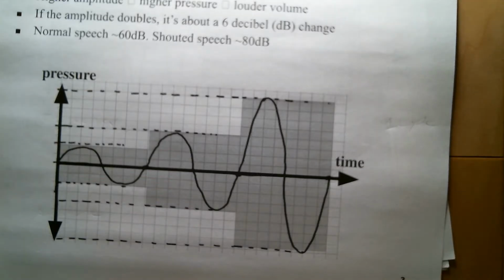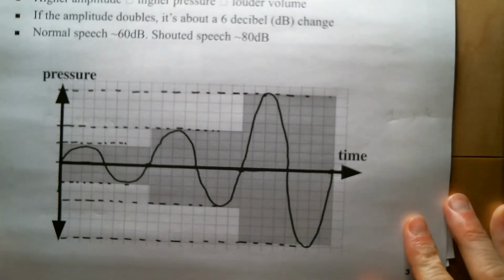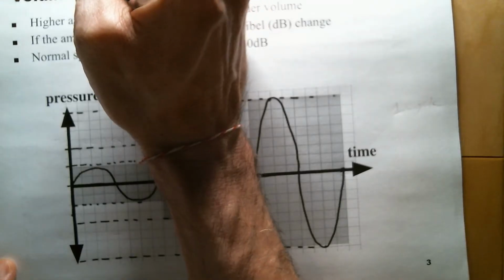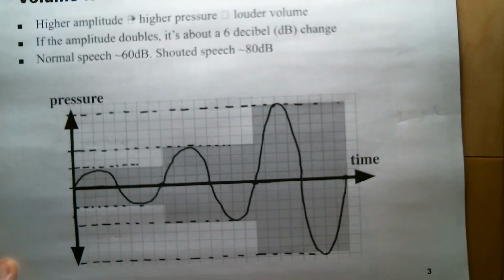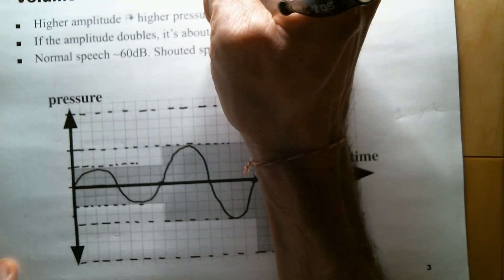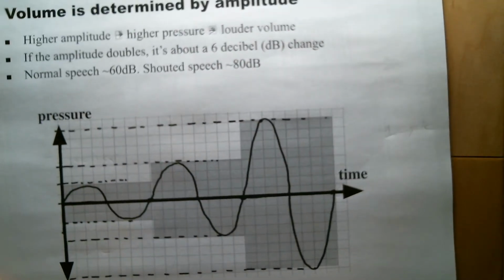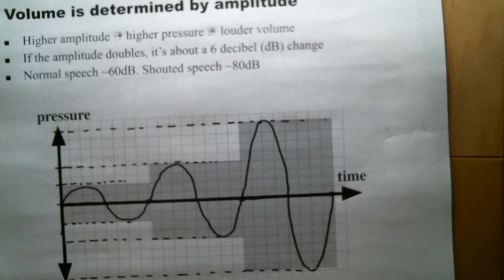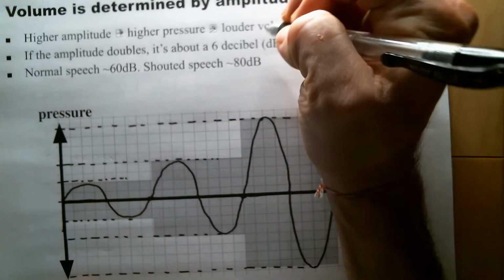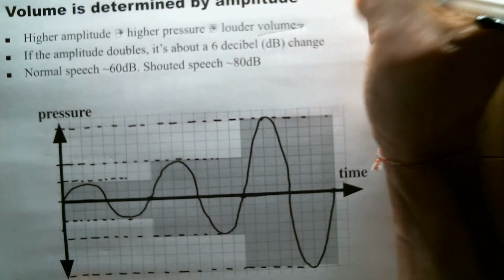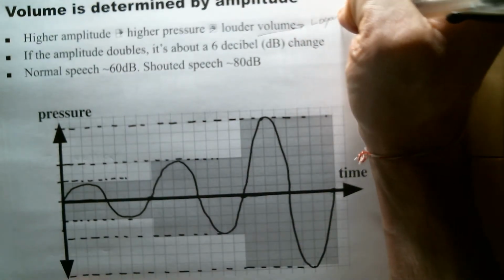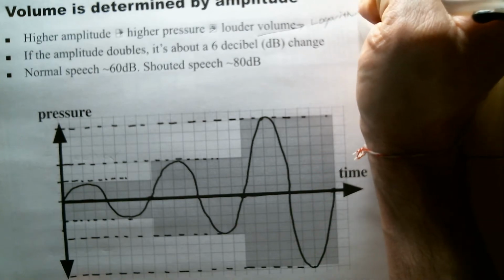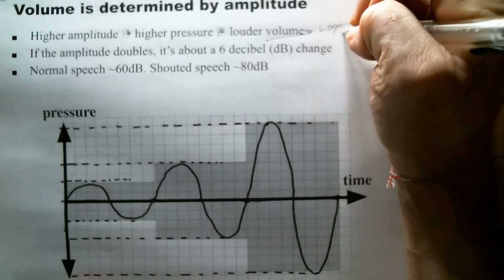All right, so amplitude is related to volume. Higher amplitude is associated with higher pressure, which is then associated with louder volume. If amplitude doubles, it's about a 6 decibel change. Decibels work on a logarithmic scale.